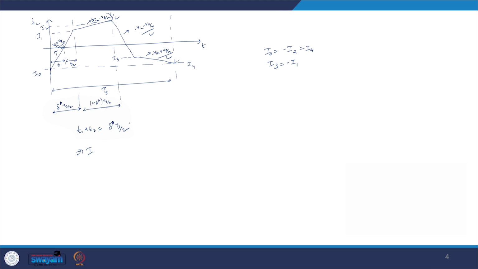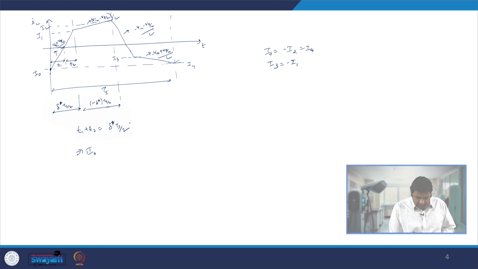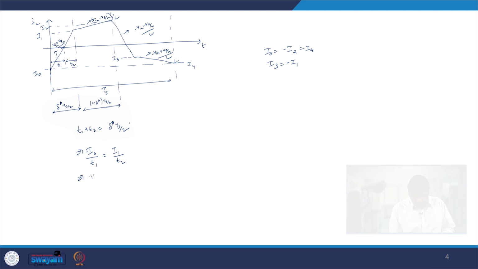The slope of this line can be given as minus I0 by T1, and this is equal to I1 by T2, and that we can write down as I2 by T1 equals I1 by T2. Let us define this as equation number 1.